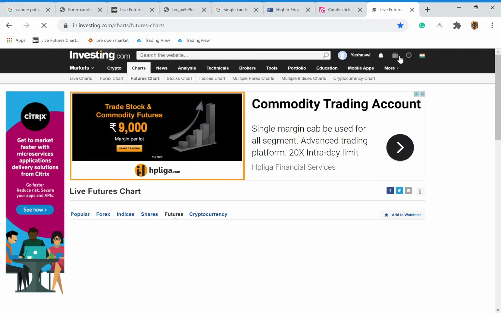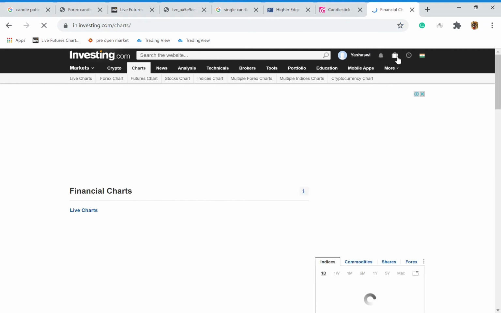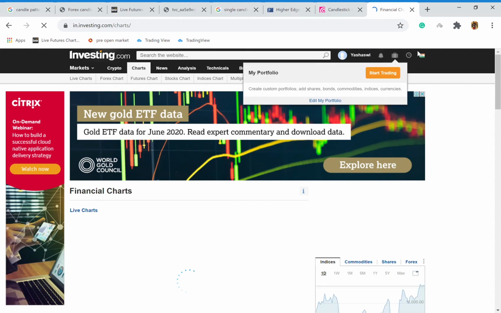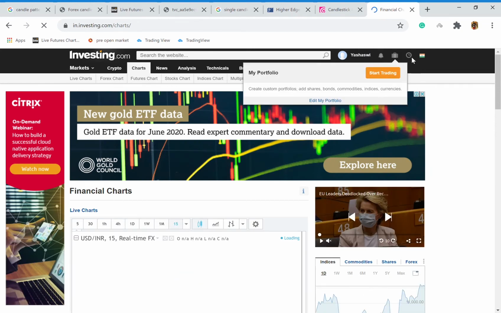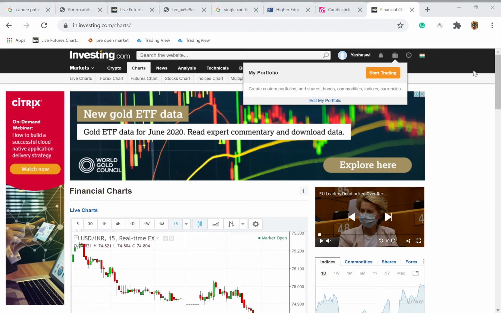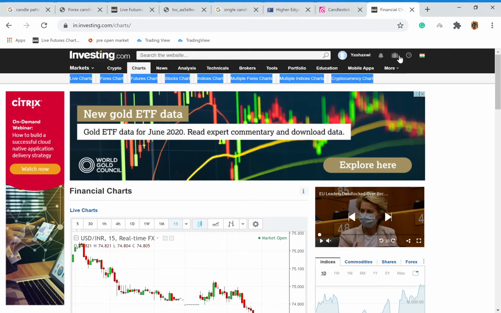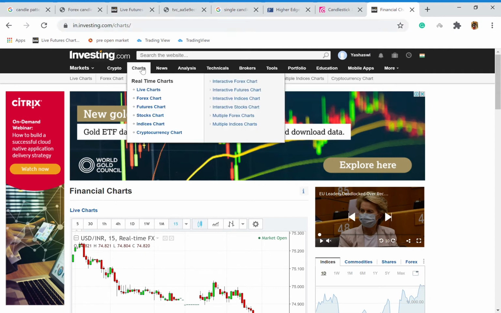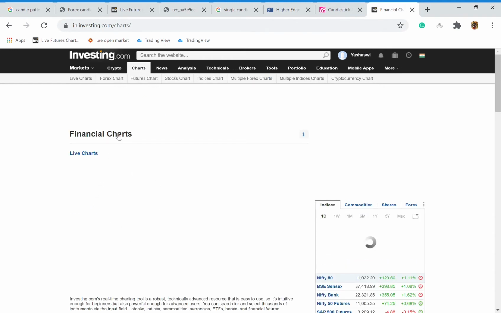Make sure you have selected the country here. It should be in.investing.com, and you can find charts and go to live charts.